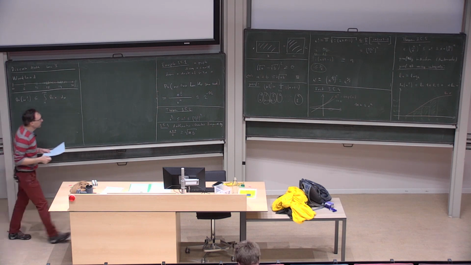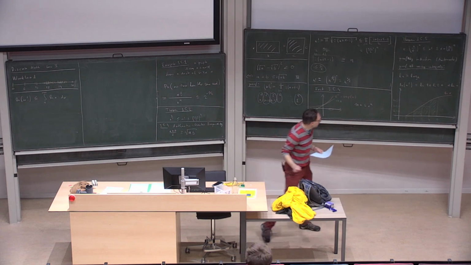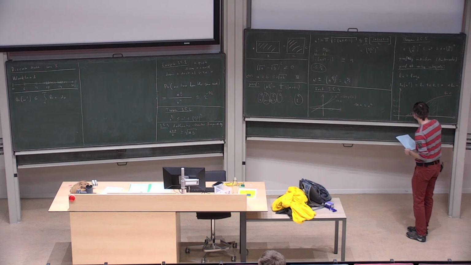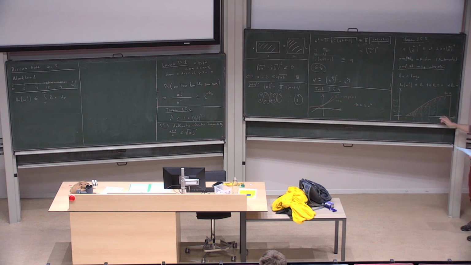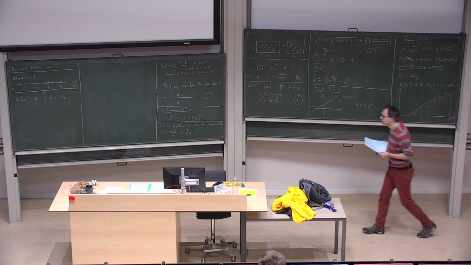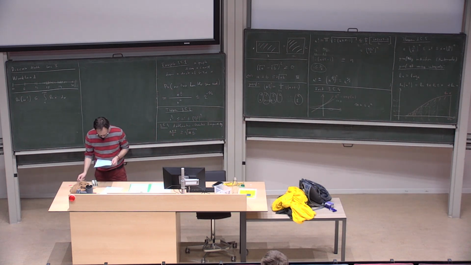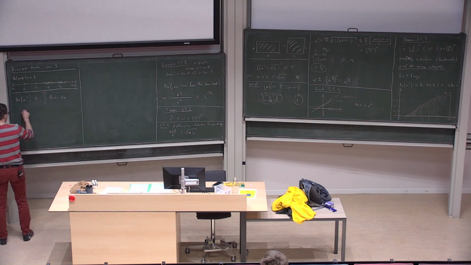It's basically the area below this function from here to n plus 1. And that clearly contains all of these boxes. And then we can do this integral.